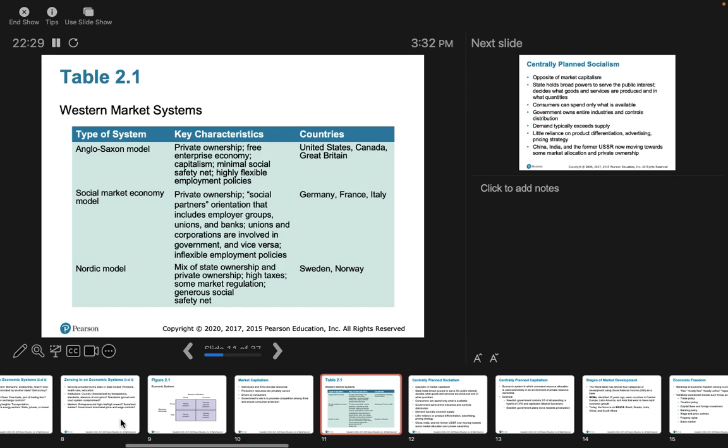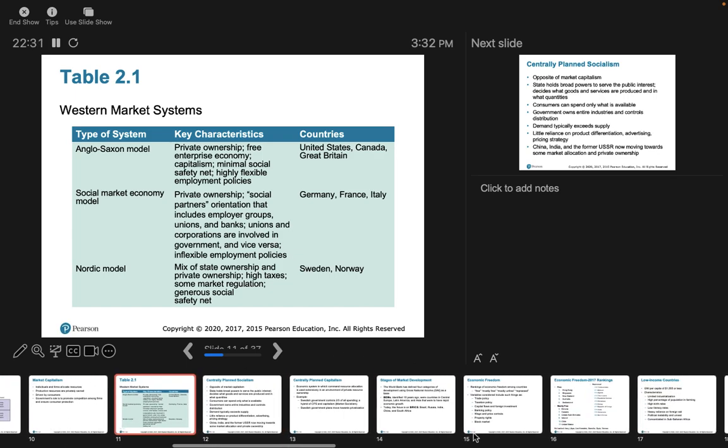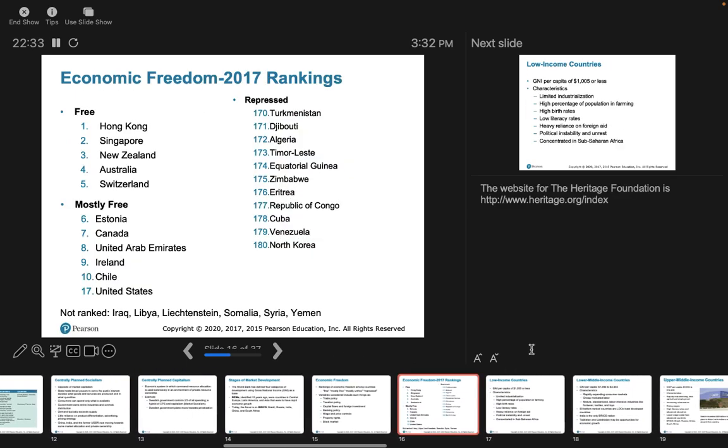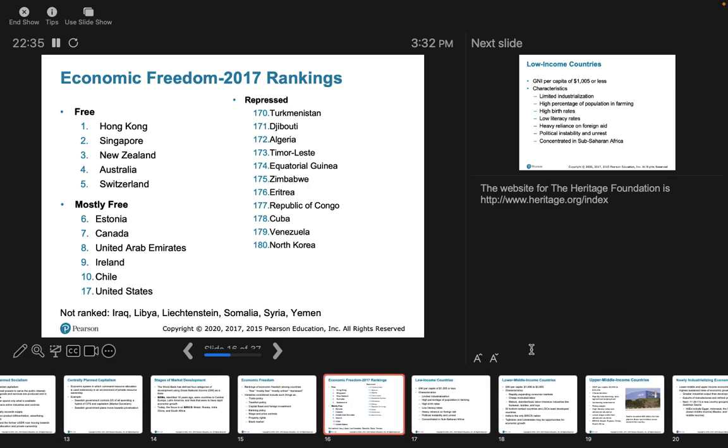So with the kind of market system these countries adopted, in the economic freedom ranking they are considered mostly free, like Canada, United States, Ireland, and the United Arab Emirates. Now we are going to look at the repressed countries.